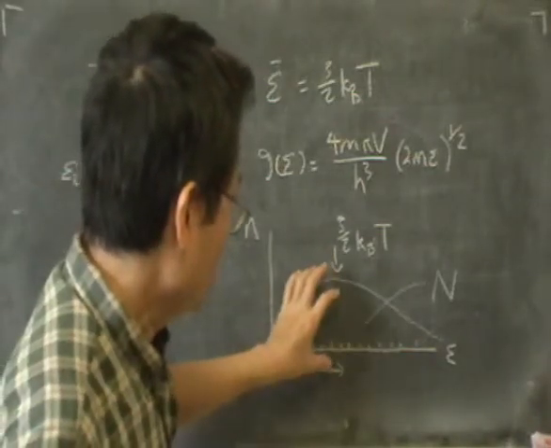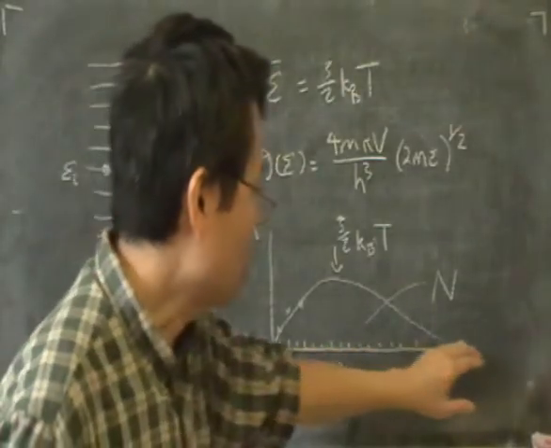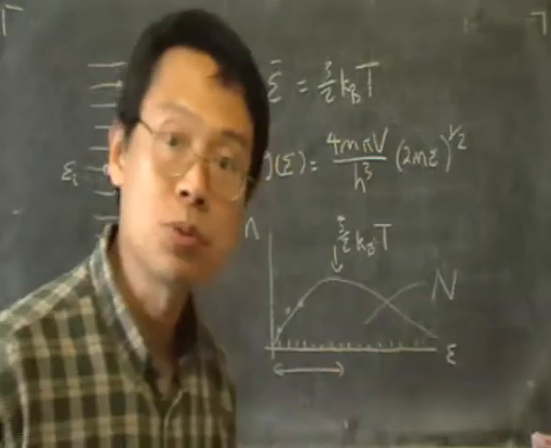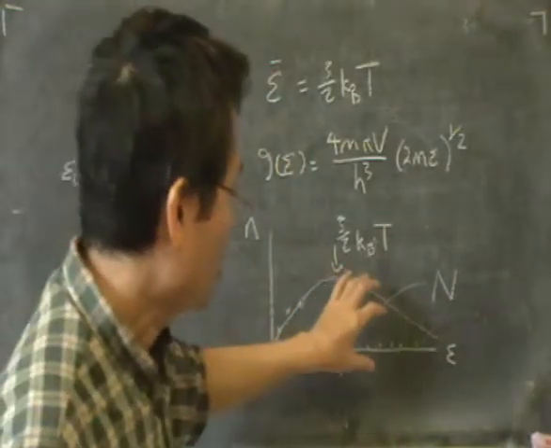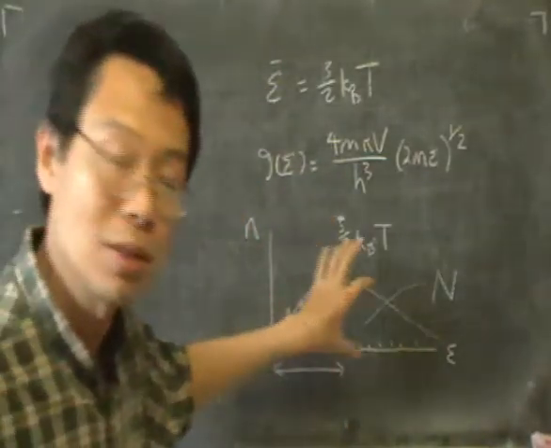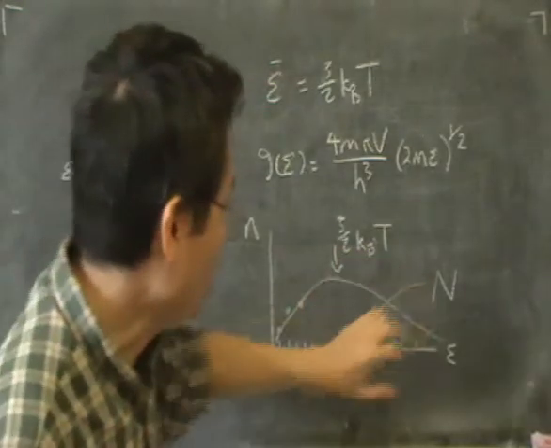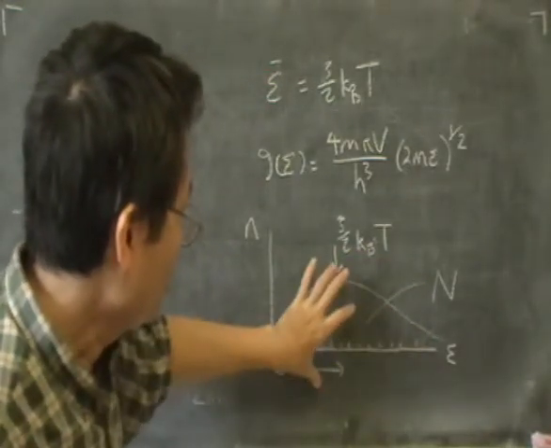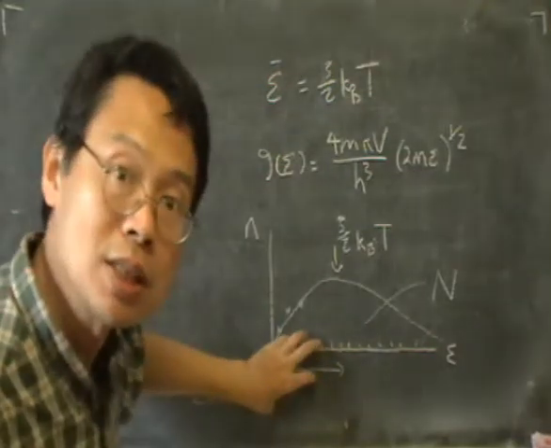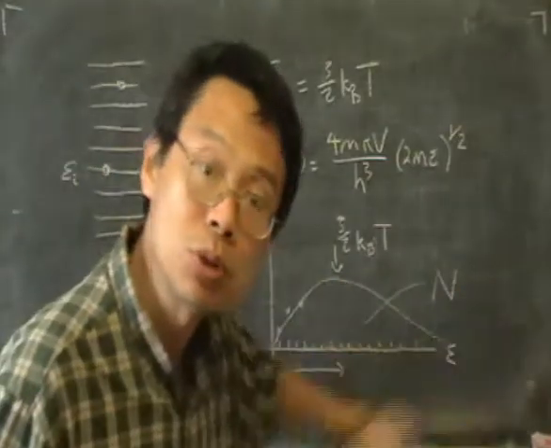Now, at higher energies, we know that there's an infinite number of energies, and that this tail end of the distribution would obviously not go all the way to infinity. Right? There wouldn't be a particle with energy going all the way to infinity. So we do know that if we can show that there are a lot more energy states here compared with the number of particles, then the same must be true on the other side.